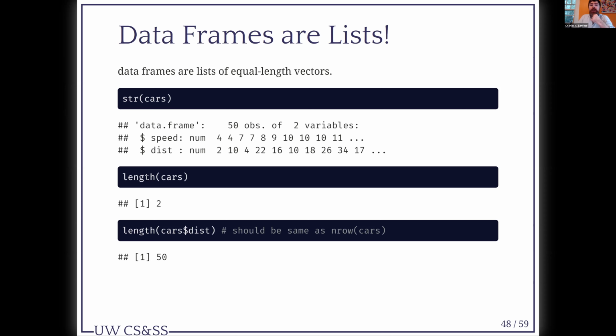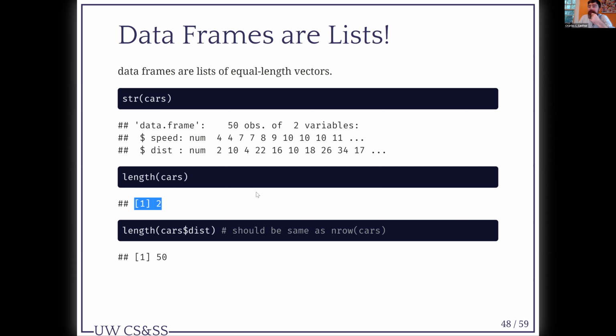You'll notice, unlike a matrix, remember how I said before, if you do length of a matrix, it tells you how many elements there are in the matrix? Look what happens when I do length on a data frame. It says 2. This is just like getting length on a list. This data frame actually only has 2 elements. Its elements are the speed column and the distance column.